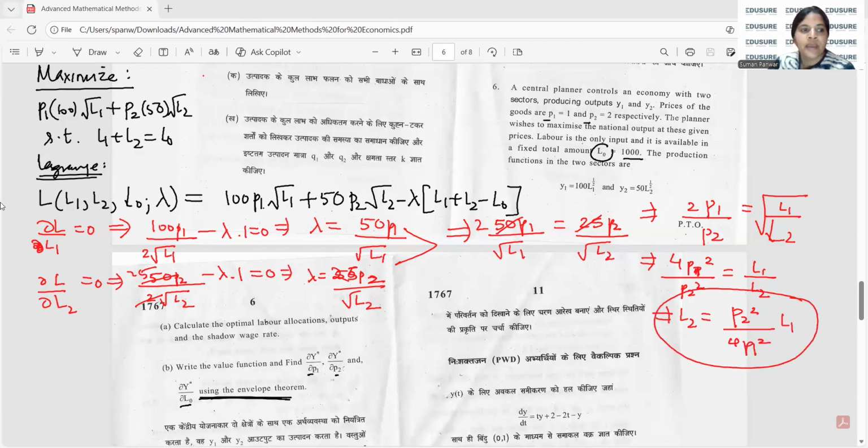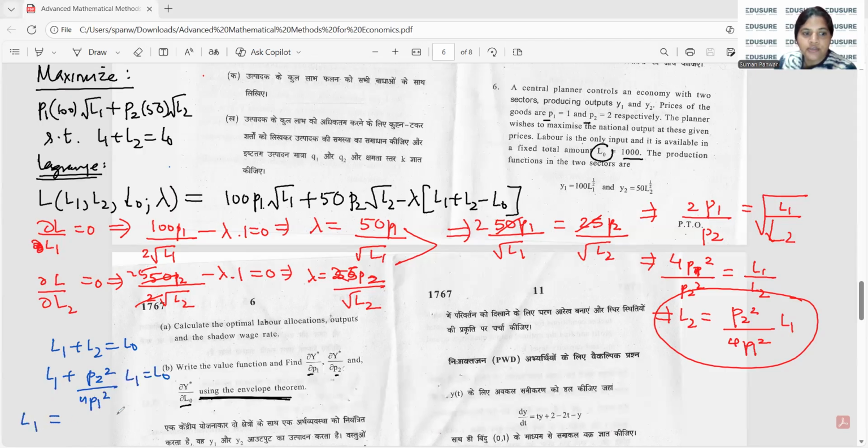Okay, and now I have the condition that L1 plus L2 is equal to L0. So L2 is P2 square divided by 4 P1 square L1, and this plus L1 equals L0.